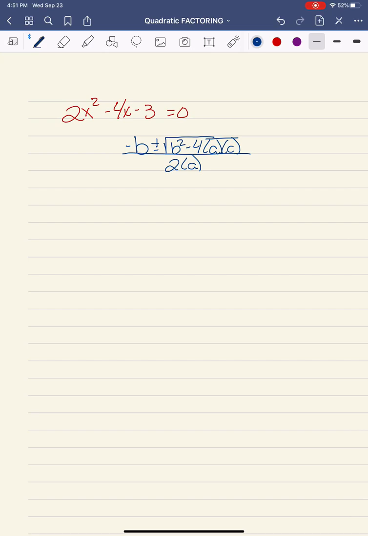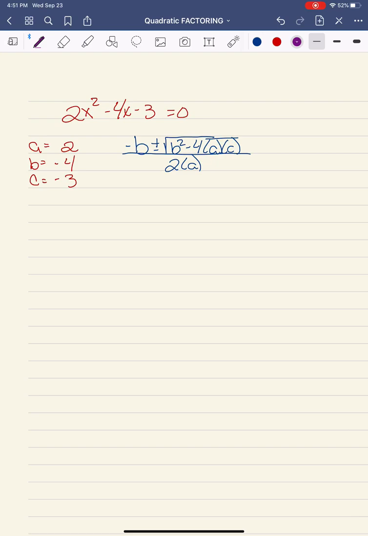Now that I have my formula, I want to identify what my a value is, my b value, and my c value. I know my a is 2, my b is negative 4, and my c is negative 3. So what I'm going to do now is plug these values into my quadratic formula.